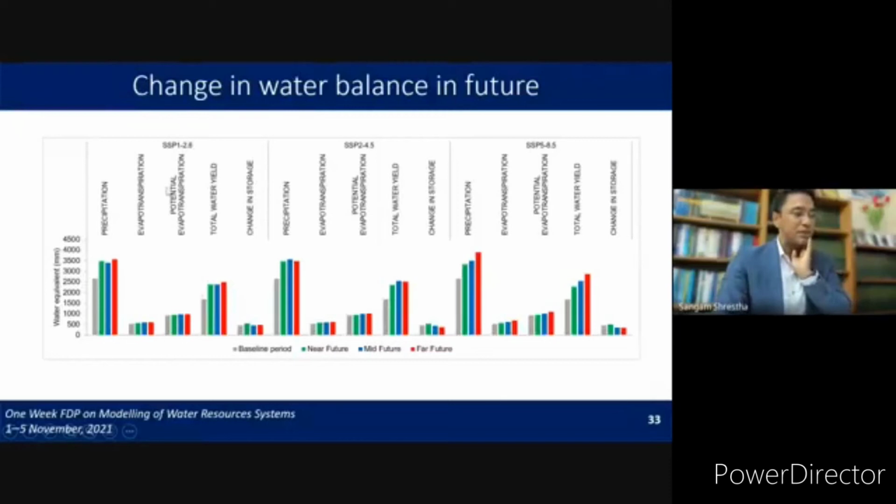This bar diagram shows the change in the precipitation, evapotranspiration, potential evapotranspiration, total water yield, and the change in the storage under 3 SSP scenarios, which are SSP1, SSP2 and SSP5.